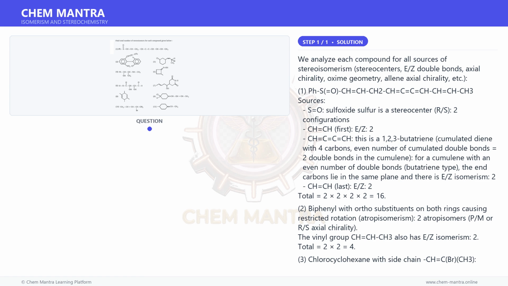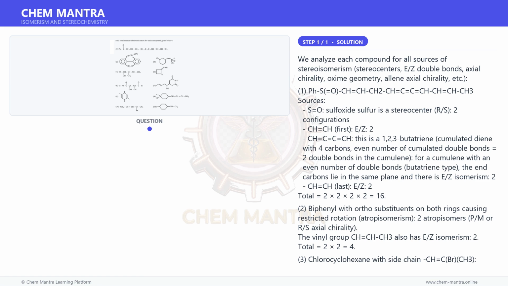With the cyclohexane ring having 2 substituents, Cl and the chain, on different carbons, each ring carbon bearing a substituent is a stereocenter. 2 stereocenters on ring times E/Z on alkene times 1 more element is 2 times 2 times 2 times 2, which is 16.